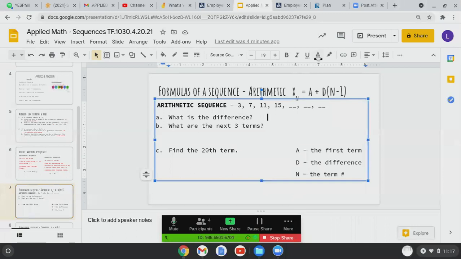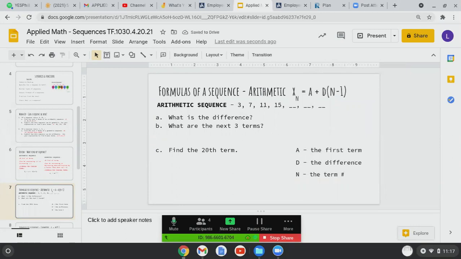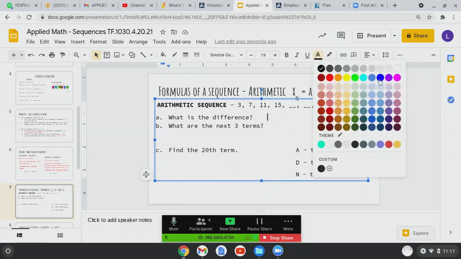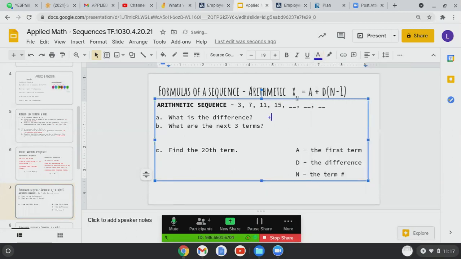Okay, so let me throw this in here. So we add 4. Oh, get down here, girl. Okay, sorry about that. I don't know where that 4 went. All right, so we are adding 4.